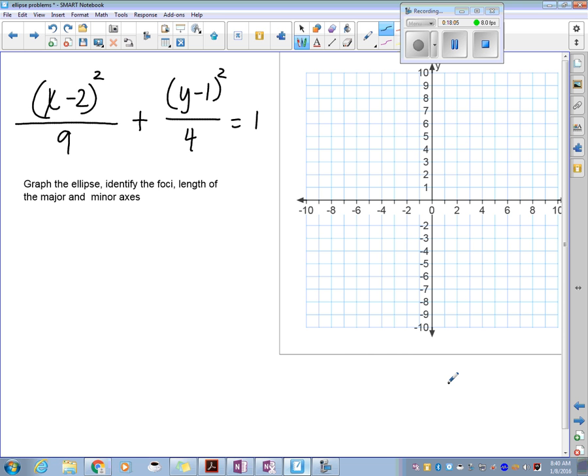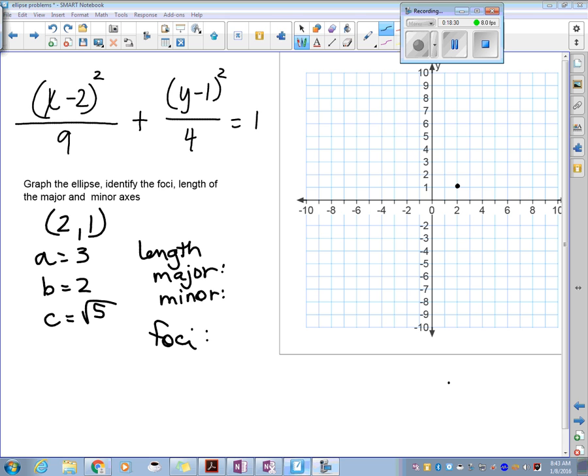So the center on this one is what? 2, 1, because it's the opposite of those. It's x minus h, y minus k. So use the center of 2, 1 and work this problem, finding the foci and the length of the major and minor axes.